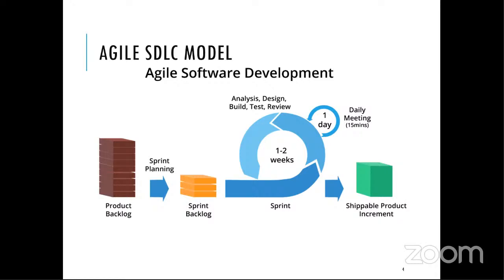The entire product backlog will be divided into equal parts according to time. Once it is divided into individual parts, the team will decide to finish each individual part within a particular period of time.